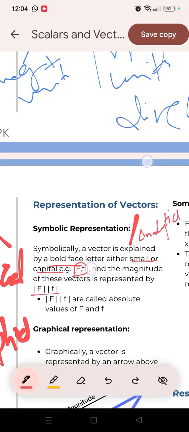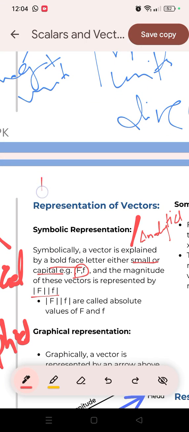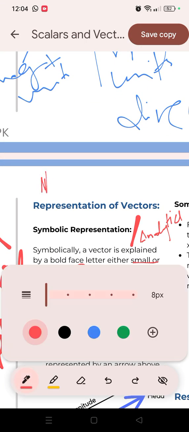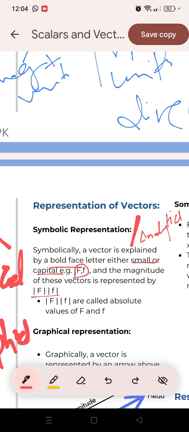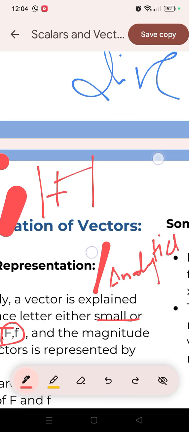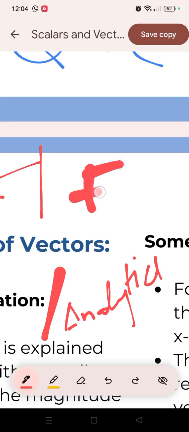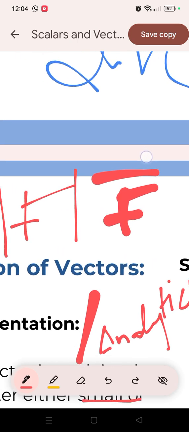This simply means that these could be written as a bold word like this, F. We can also write, if we are showing magnitude, F, and we can add these types of boxes around it. And if you want to write in other forms, we can write in small letter, bold face letter, or we can also write a vector as F with an arrow or a head on it.